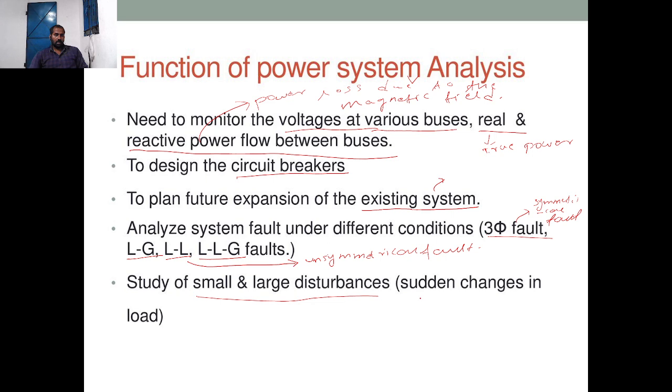Which is nothing but sudden changes in the load, sudden adding of the load or sudden removal of the load, right? So when you add or remove the load, the system will go into instability, right? In that case, we have to maintain the stability of the power system.